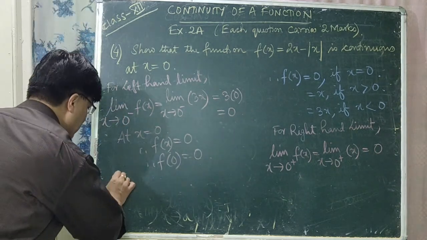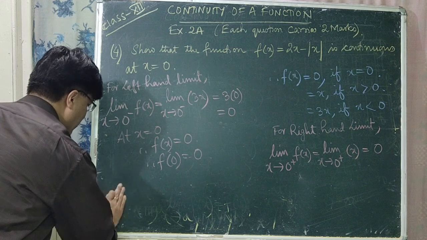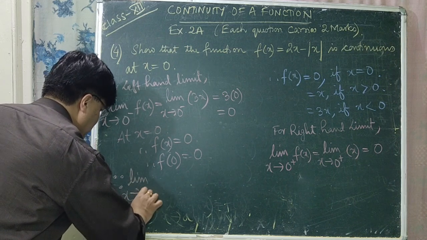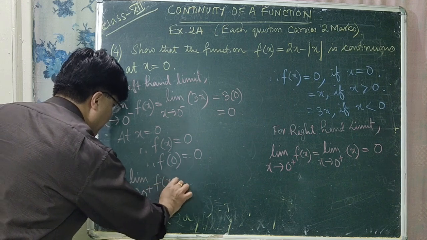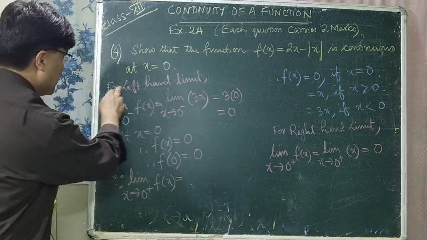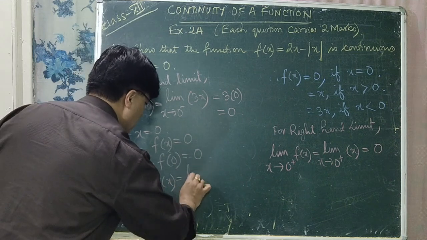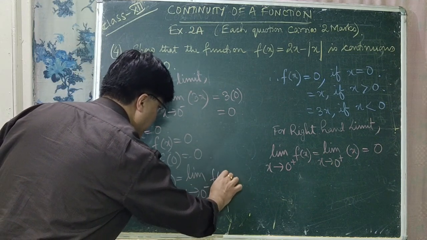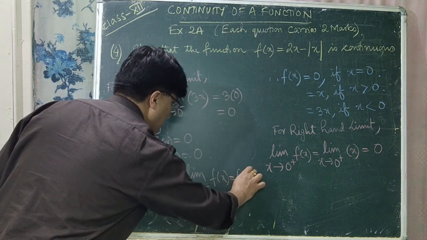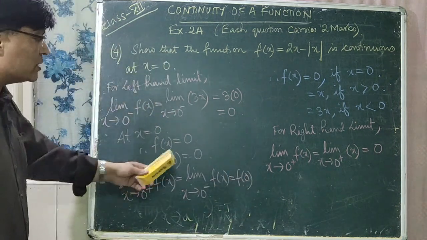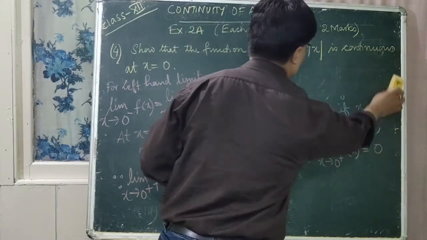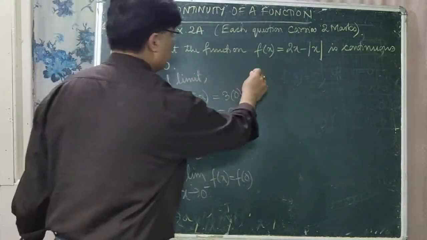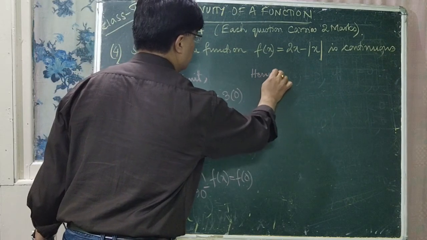So we can write here, since limit x tends to 0 plus f of x, that is your right hand limit, and for left hand limit we have limit x tends to 0 minus f of x, is equal to f of 0. So all these three are equal.